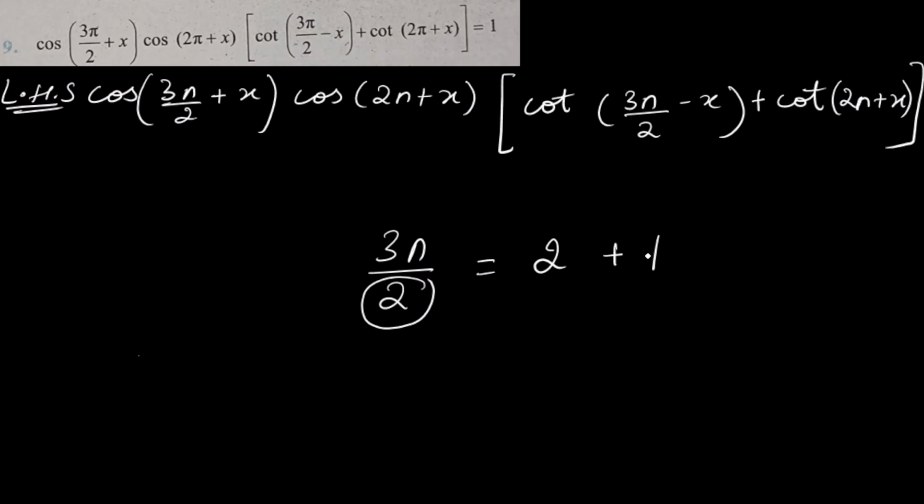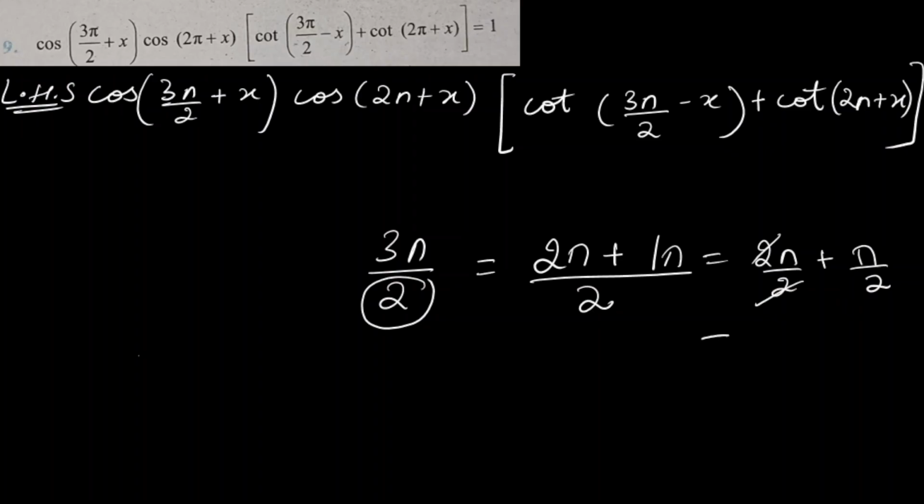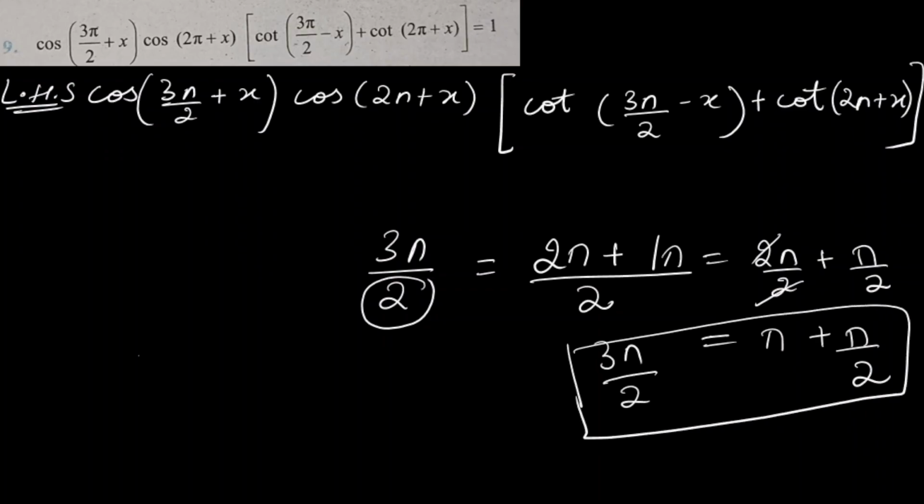If I add 1 in 2, I will get 3. So now write pi with both and divide with the same denominator, which is 2 here. Now write it separately. So 2 pi by 2 plus pi by 2. 1 pi means pi only. So 2 and 2 will get cancelled here. So pi plus pi by 2. So that means 3 pi by 2 I can write as pi plus pi by 2.